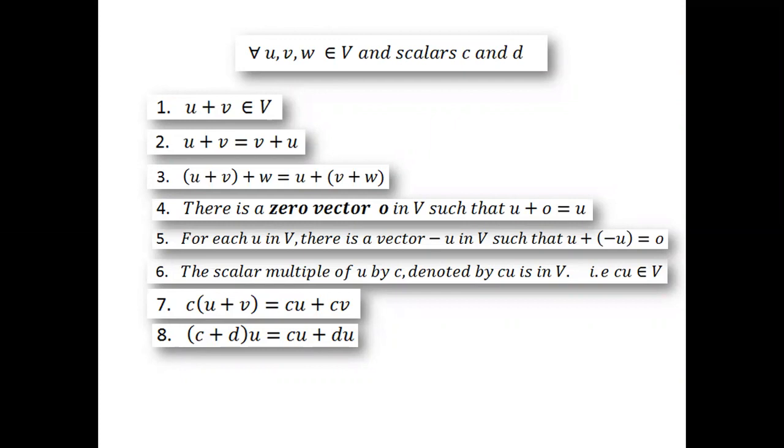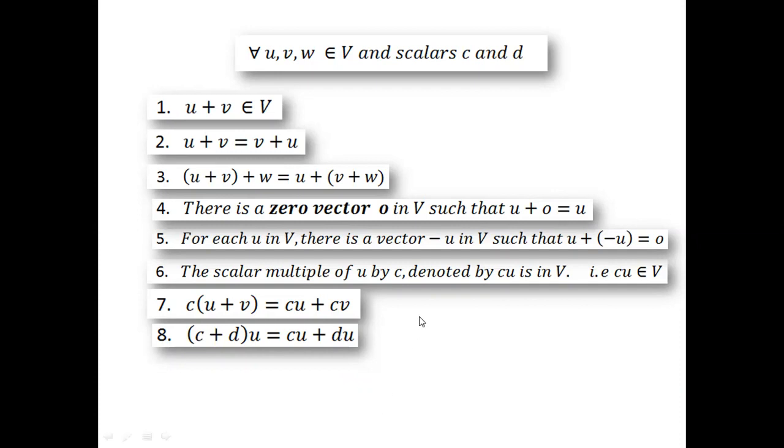Here, if the vector is taken C + D times, that is equal to Cu + Du. That is, the vector is taken C times first, and you get another vector that is added to a vector formed by using u D times. So that is our eighth property.